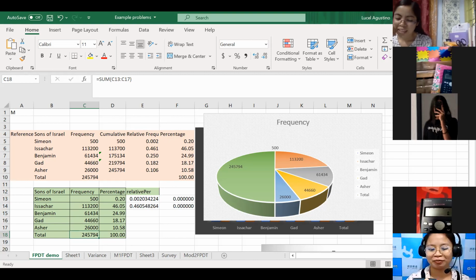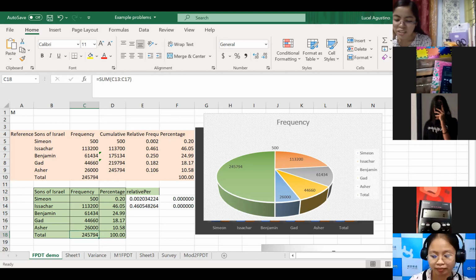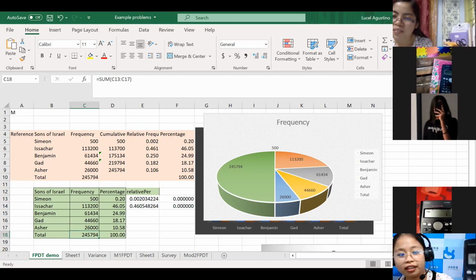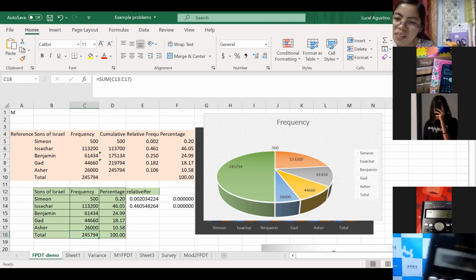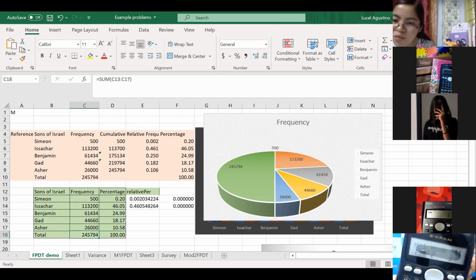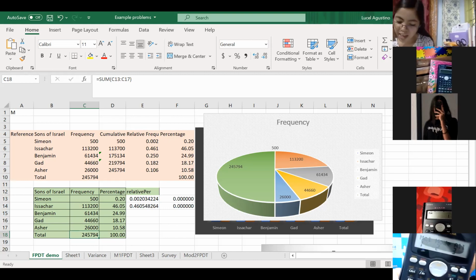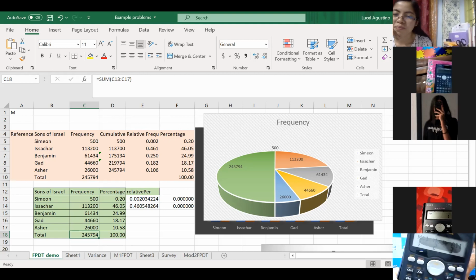Paano ko naman? I try bidanay shift mode. Shift mode and mode. Okay. Try lang. Mode lang siya.